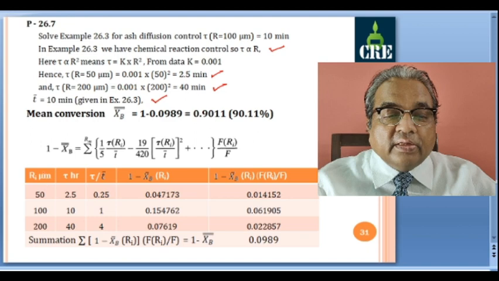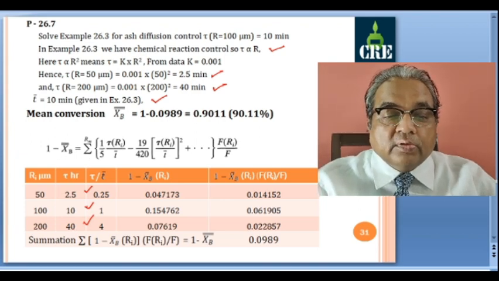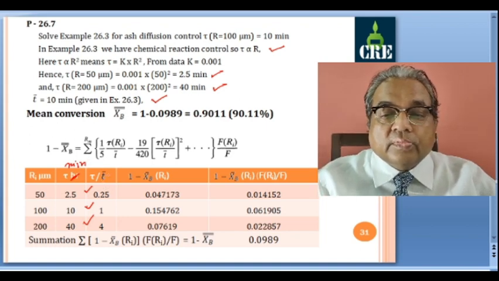So I am writing the table here. Ri: 50 micrometer, 100 and 200. Tau, which I have calculated from the proportionality now for ash layer diffusion control: 2.5, 10 and 40 minutes.